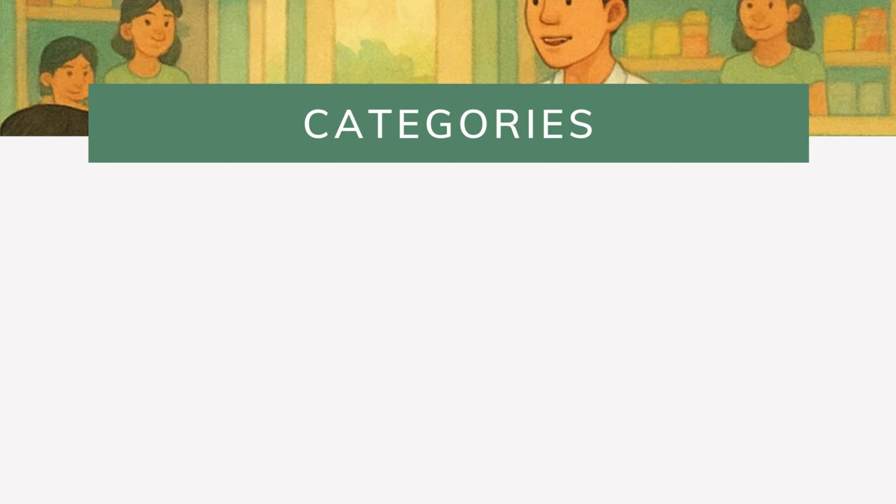Determinants of health are usually grouped into five main categories. Biological determinants are the things we inherit: our age, our sex, and of course, our genes.